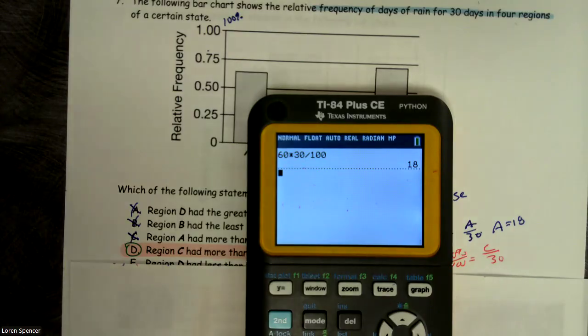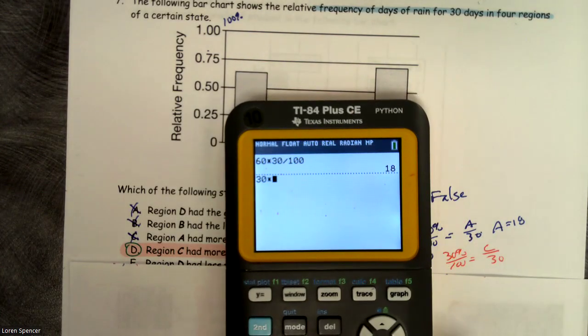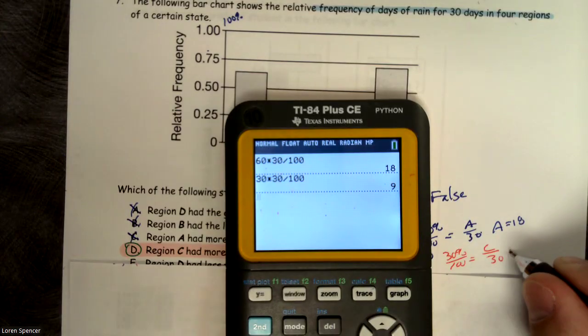Well, when I multiply, I go, well, 30 times 30, the two numbers on the diagonal divided by the third gives me 9. That's not more than 25 days. Matter of fact, if I made that 60%, it's not even going to get there. So there's no way that that's going to be a true statement. So that is false. Okay.